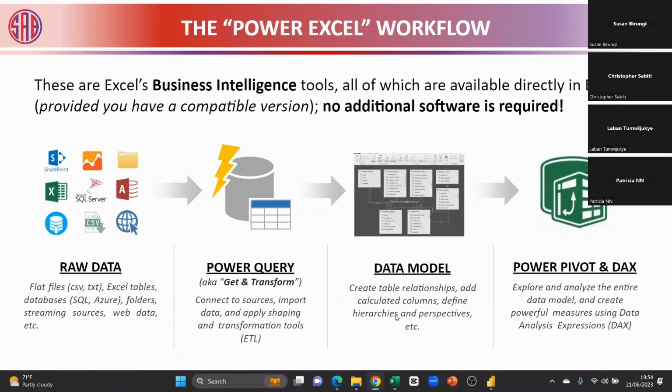We did data modeling, we created those relationships, we created measures, and we didn't look at hierarchies because it was some other advanced level. Then we went ahead and saw how we create DAX in Power Pivot. We created a measure yesterday of bonus. So ideally, we did a lot on the business intelligence for Excel.